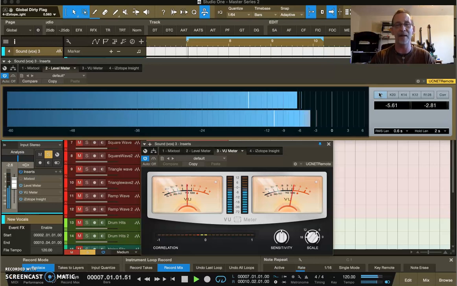The next system that's going to be of most importance to you is your basic leveling systems.